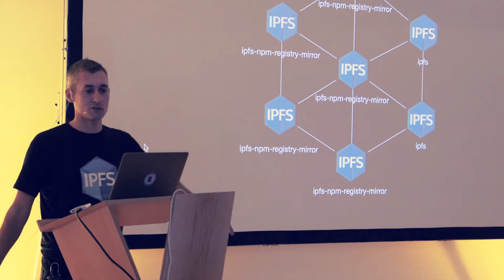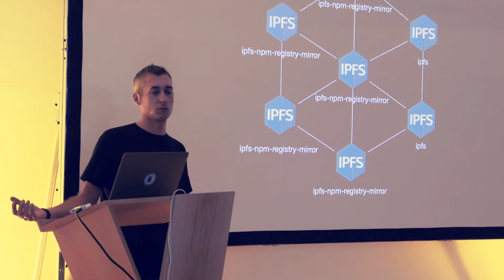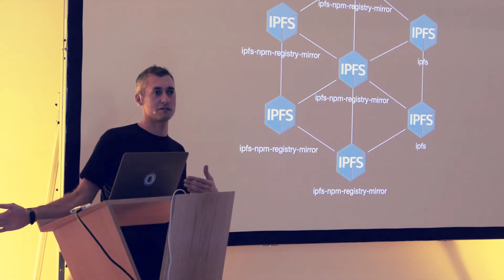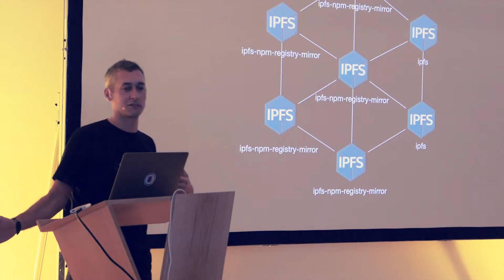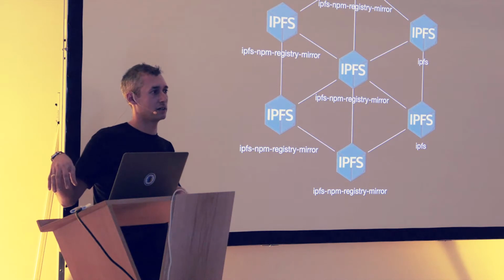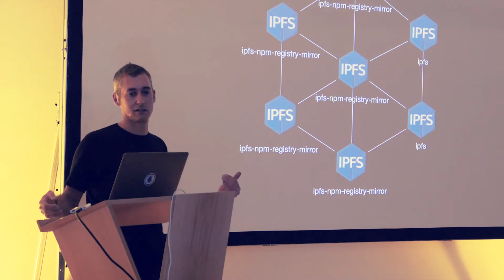It's all written in JavaScript. It takes an incoming request for a given tarball of a module and turns it into a content ID, and then uses IPFS to fetch that content. If the content is not there, it will actually go to NPM and get it, and then cache it or add it to IPFS, so that next time someone requests it, it's there.